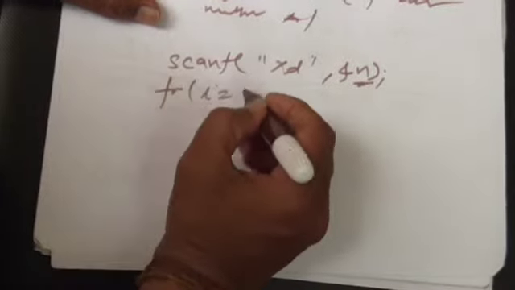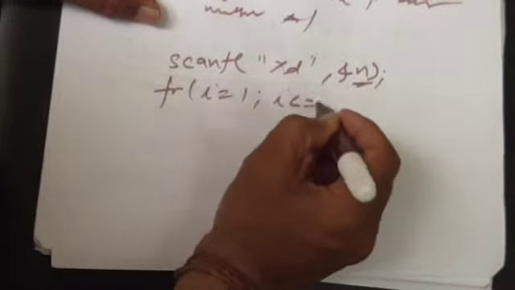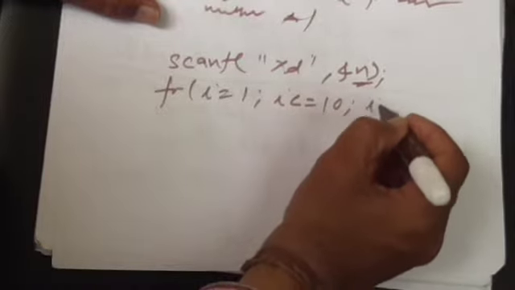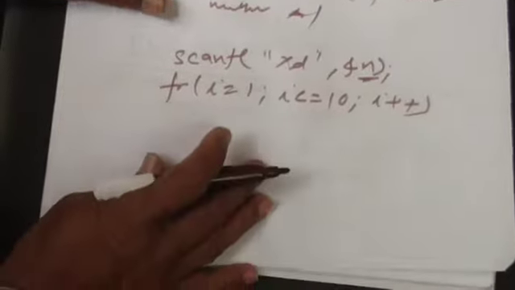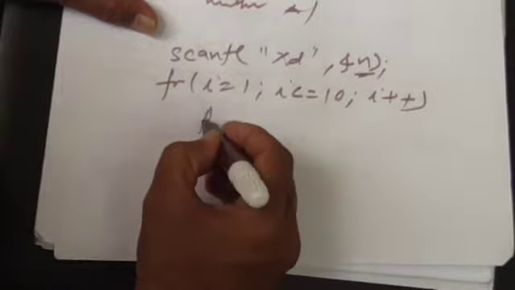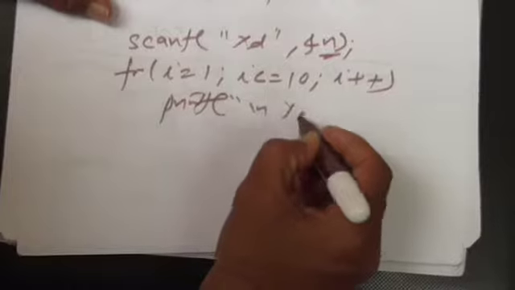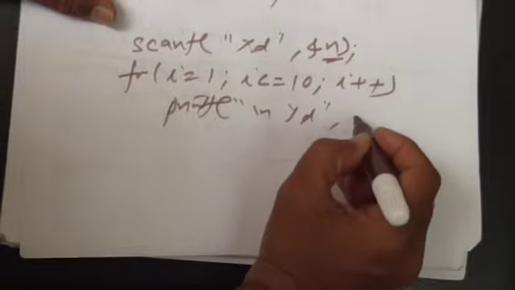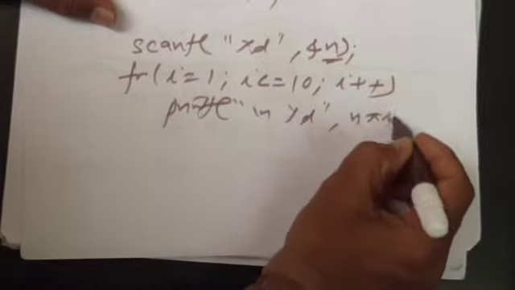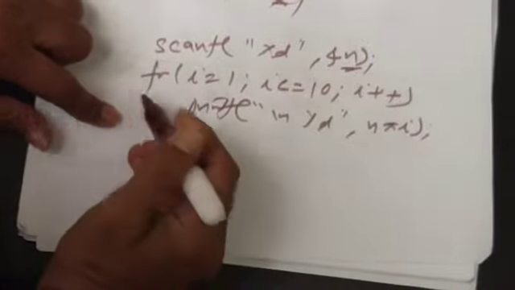This is the number for which I want to print the multiplication table. Again the statement is the same: beginning i = 1 to 10, and I say i plus plus. Now I say %d, n into i. So this will print the multiplication table for any number.